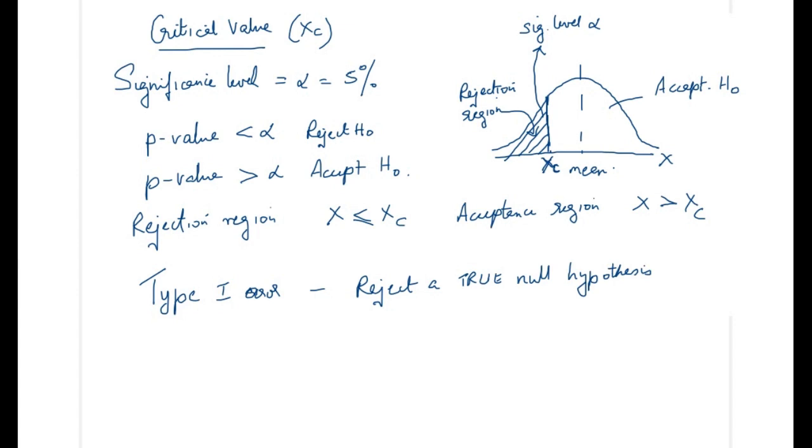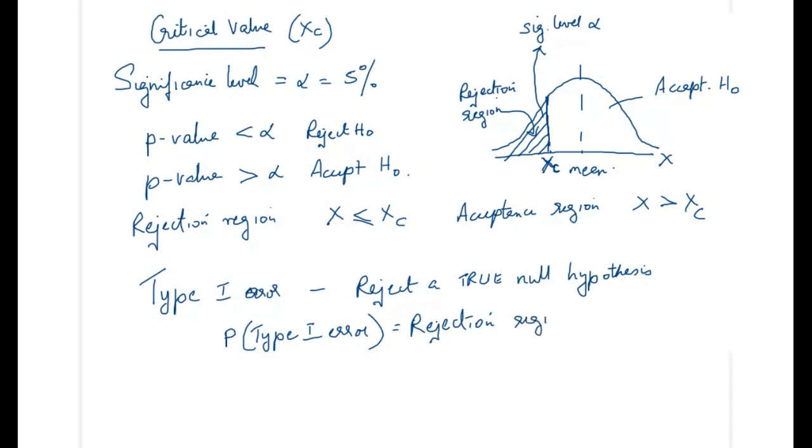Okay, so it's called a type 1 error, and the calculation for the probability of a type 1 error is equal to the rejection region, or the probability represented by the rejection region.